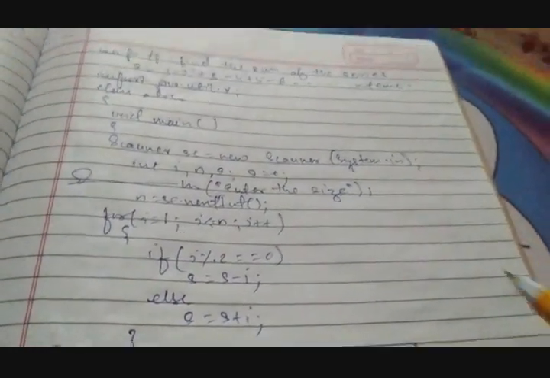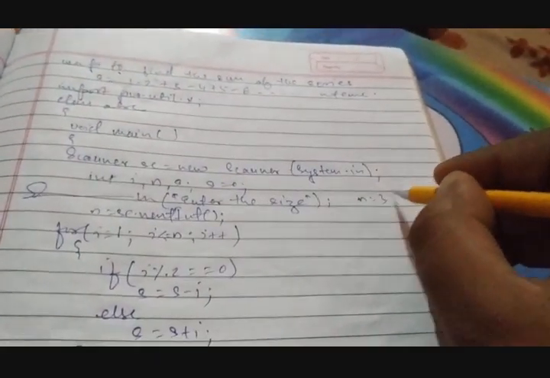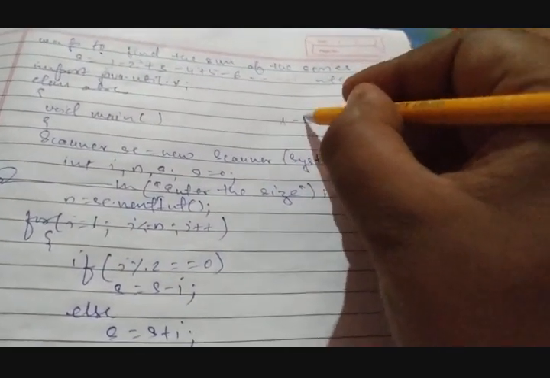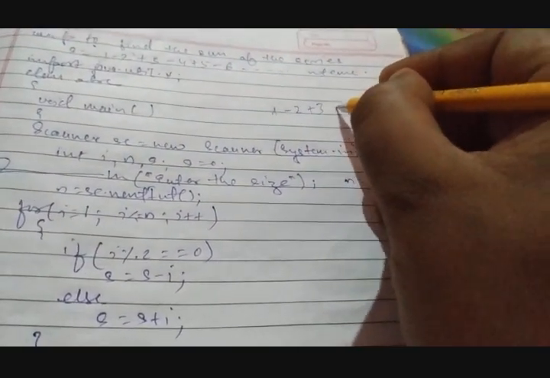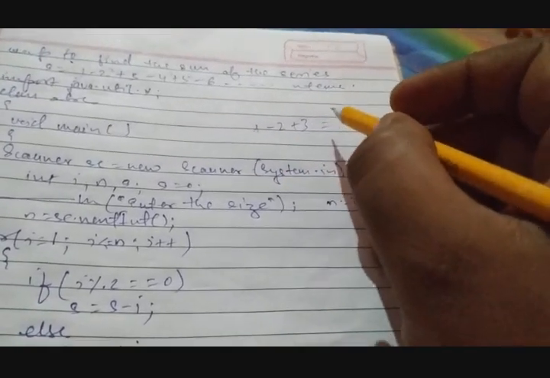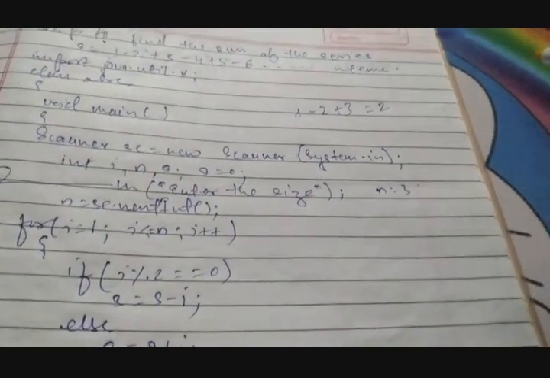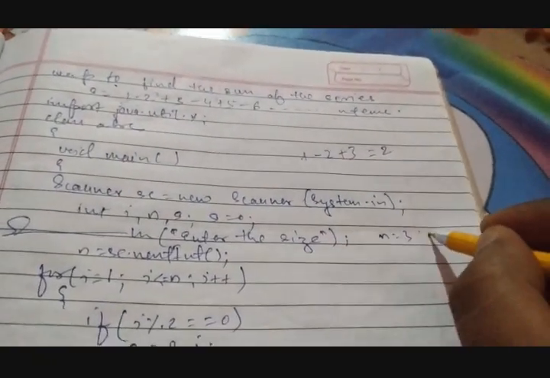Now let's trace it out. If n value is 3, then what will be the sum of the series? 1 minus 2 plus 3. So 3 plus 1 is 4, 4 minus 2 is 2. You will get the answer as 2. So s value is 0.